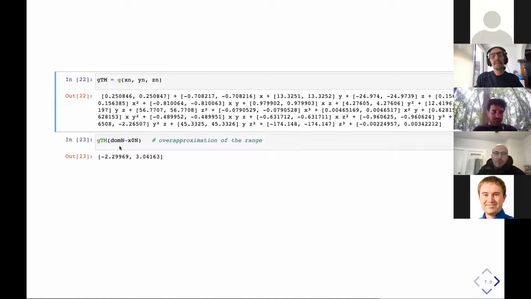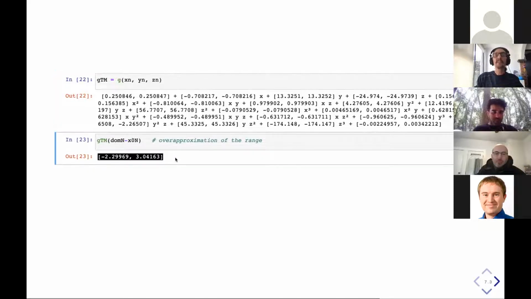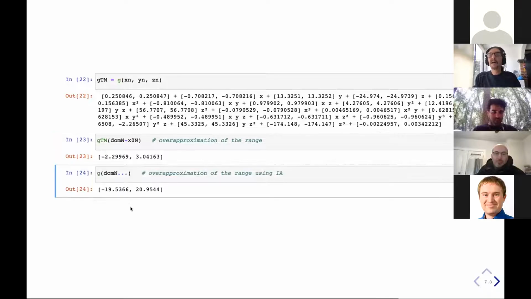And if you now compute the range, then you get a very nice result. Now, just to compare this against the naive use of interval arithmetic, this yields a much wider range due to obvious reasons, which are related to the dependency problem.